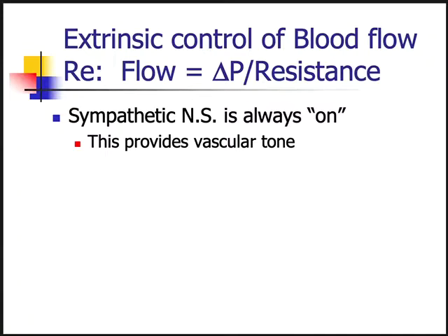Vascular tone refers to the stimulation of the smooth muscles to contract, so that you are always having some muscle contraction on the vessel, and that's how you control the diameter of the vessel. You're basically in a state of readiness to become larger or smaller.